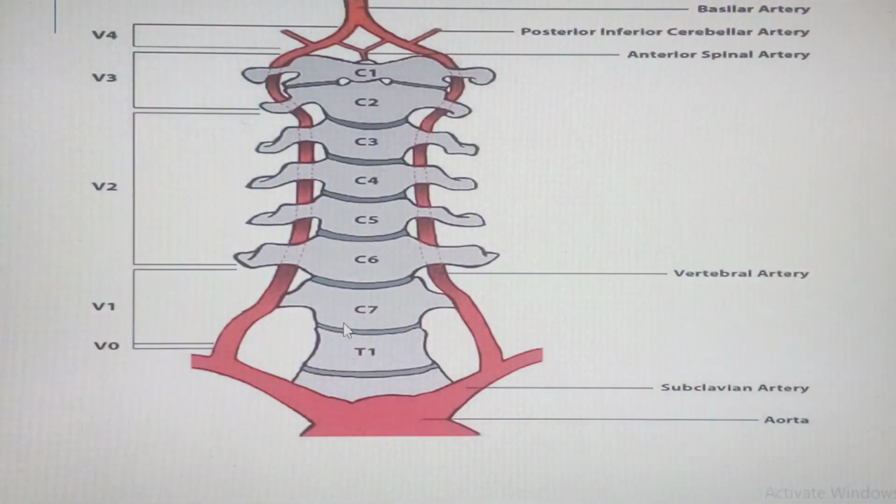So, we've seen that the subclavian artery is going to have 3 parts. Now, the first part, which is the proximal part, or the medial part, is going to have 3 main branches, and these 3 main branches are those ones that I want to go through with you.